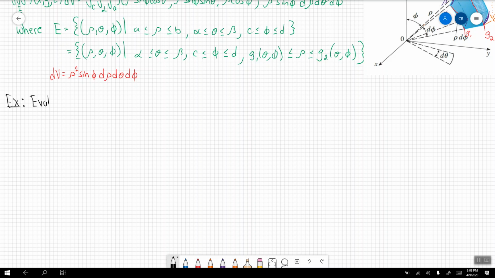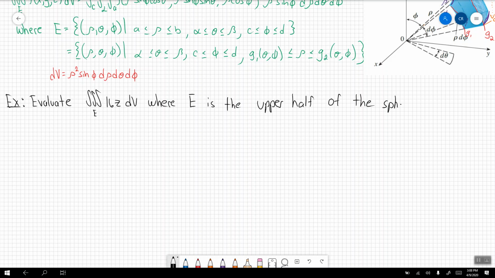Evaluate the triple integral over the region E for 16z dv, and this is where E is the upper half of the sphere x squared plus y squared plus z squared is equal to 1.